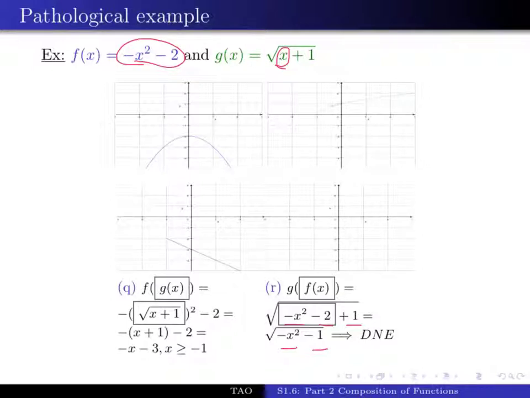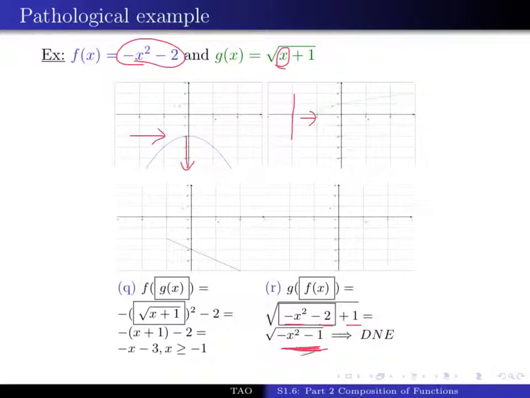Now, this thing has a maximum of -1. But the square root can't have anything less than 0 in it, right? Our outputs for f are -2 and below, but we need at least -1 to go into our g, and we don't have that.